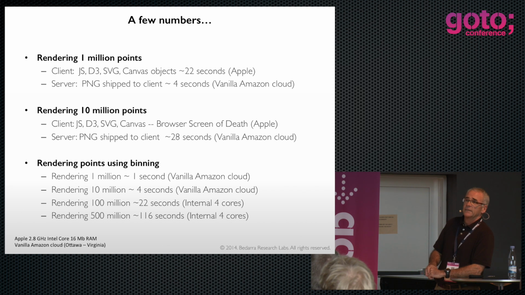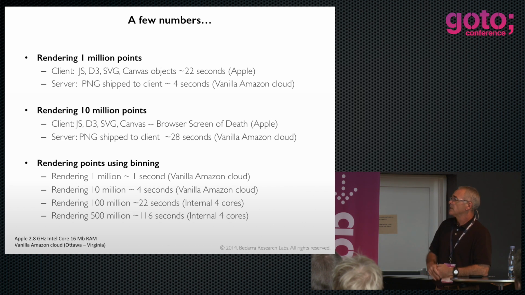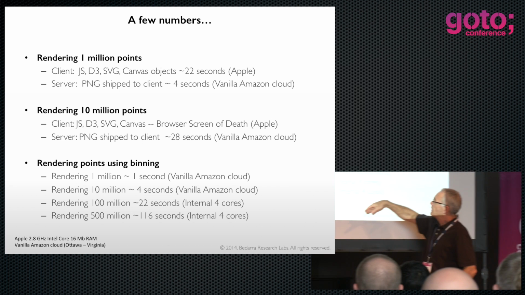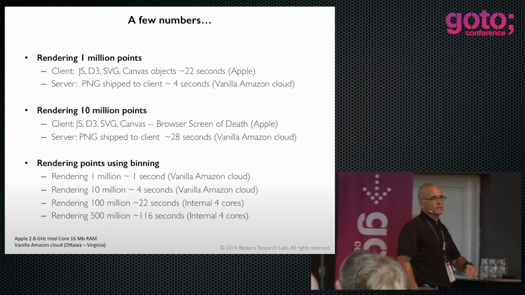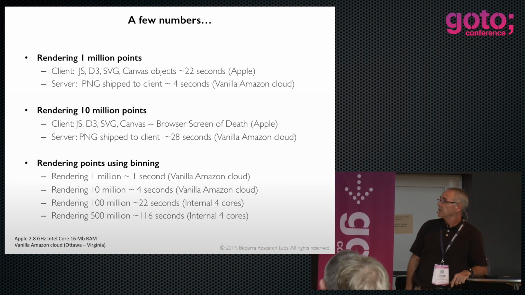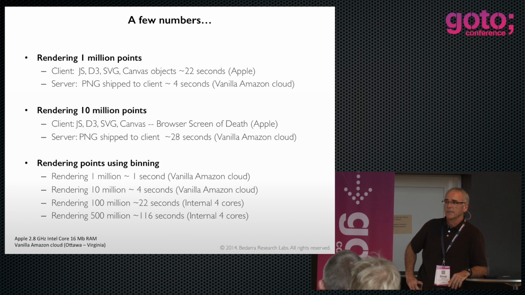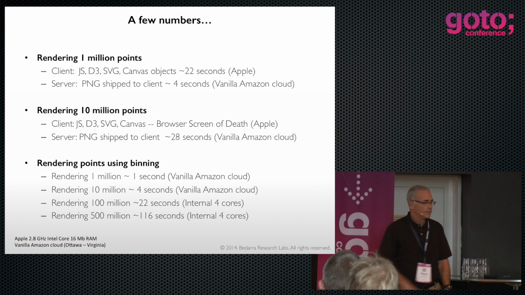It's about 28 seconds to render on the server, so it's very fast for that number of points. And here are some numbers if you do binning. So that binning technique I was showing you, 1 million points a second, 10 million points is about 4 seconds. It starts to get better than linear at some point, right? 100 million, 22 seconds, 500 million, 116 seconds. So that's getting pretty slow, and I'll show you later how we brought that number down as well.